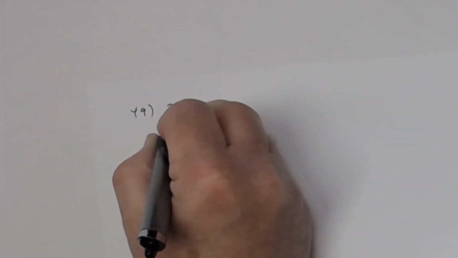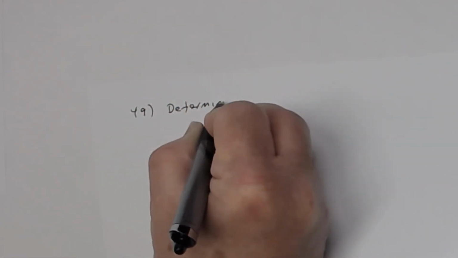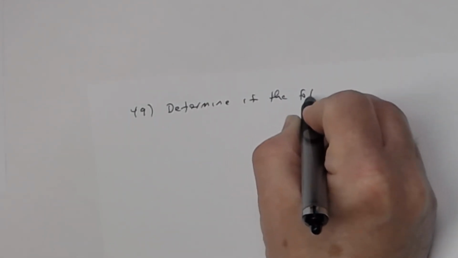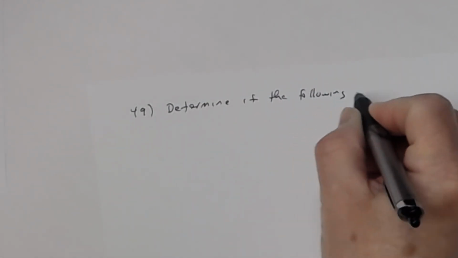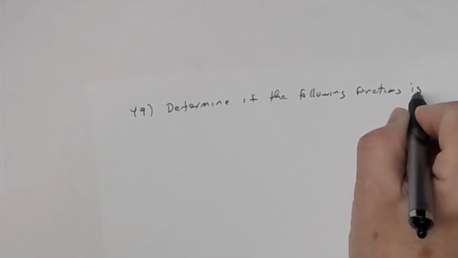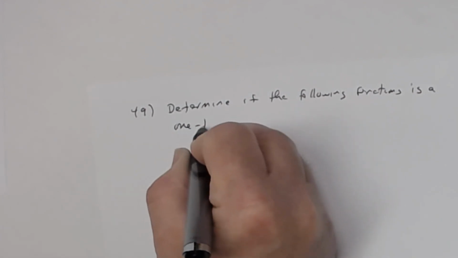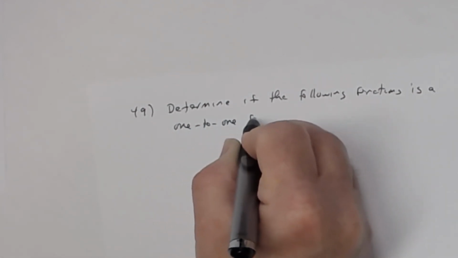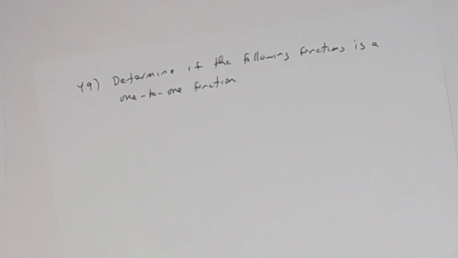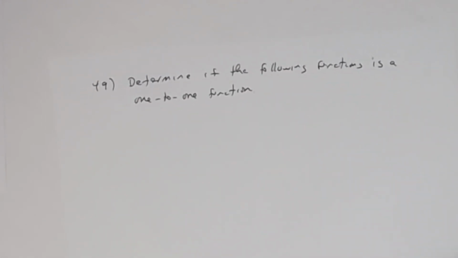So 49 asks you the following. It says, determine if the following functions is a one-to-one function. Okay, so determine if the following functions is a one-to-one function.